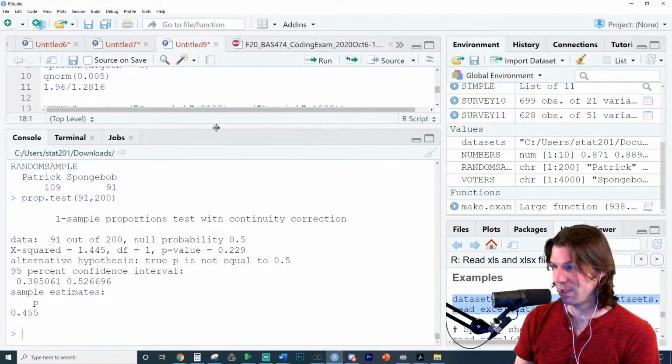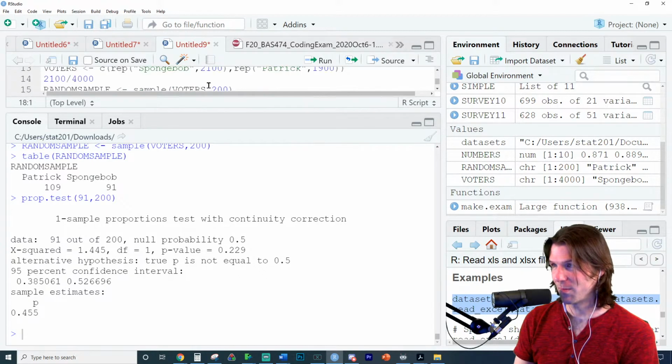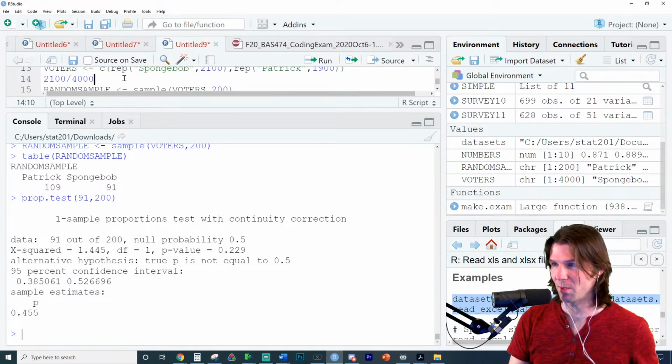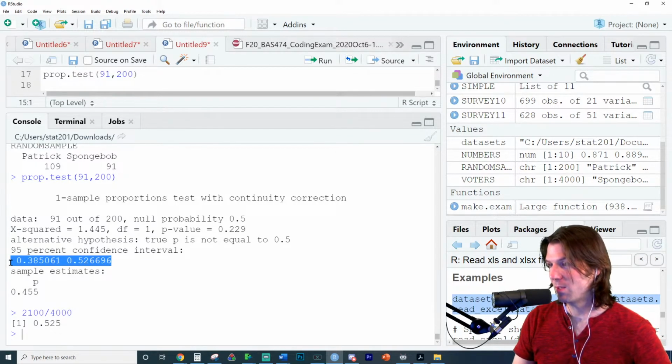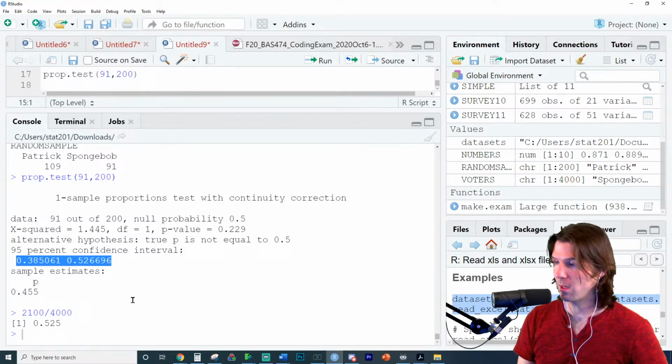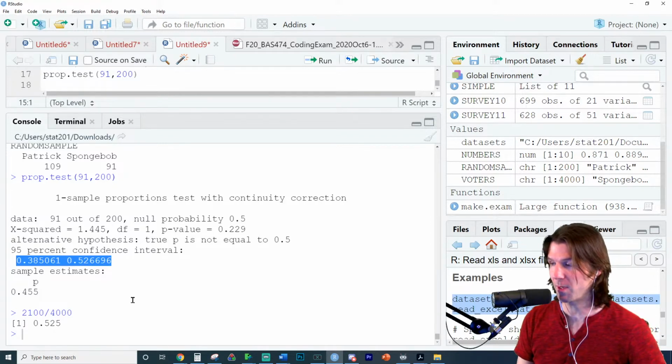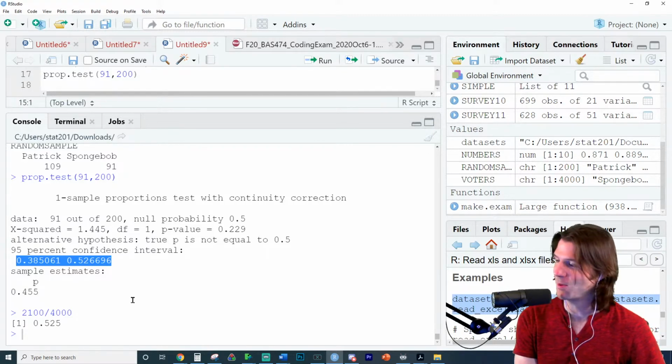What number is just barely inside this interval? I'd say I am 95% confident the true proportion of people who will vote for SpongeBob is contained in the interval 38.5 to 52.6. I did not plan this example.